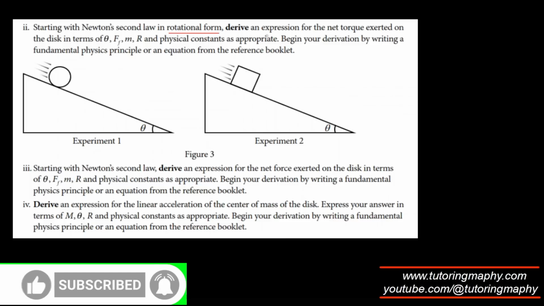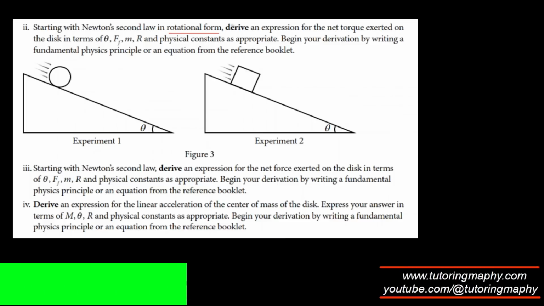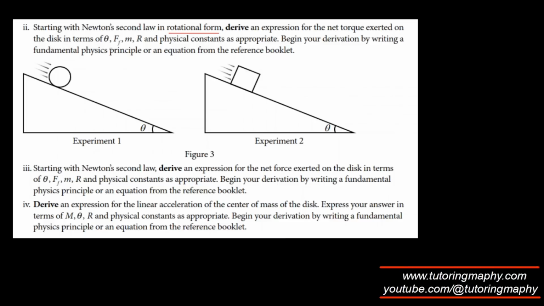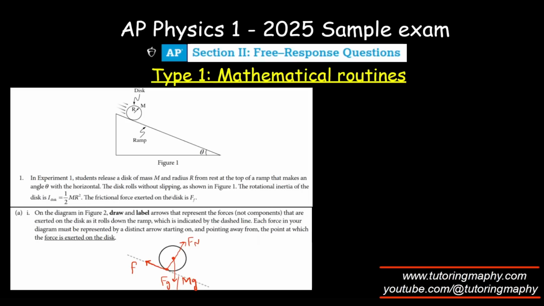In the rotational form, derive an expression for the net torque exerted on the disk in terms of all these quantities. Begin your derivation by writing a fundamental physics principle or an equation from the reference book. Now, it's very important to understand that since it is rotating to the right side, I think I already mentioned that that is the reason why friction is acting backward, because it is the only force that can provide the torque, right?